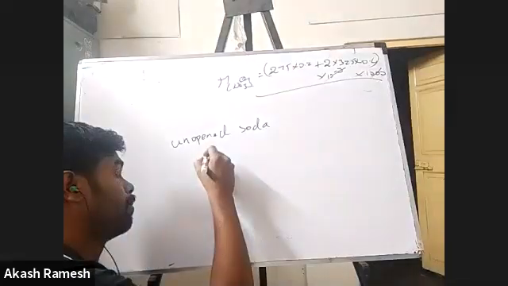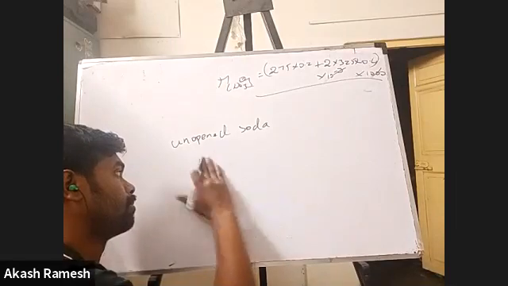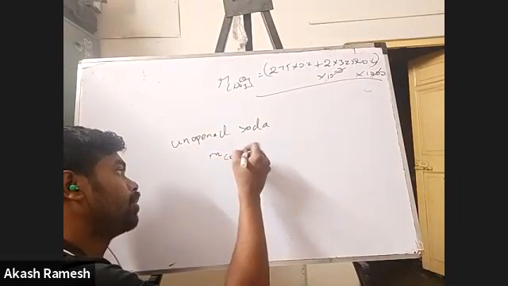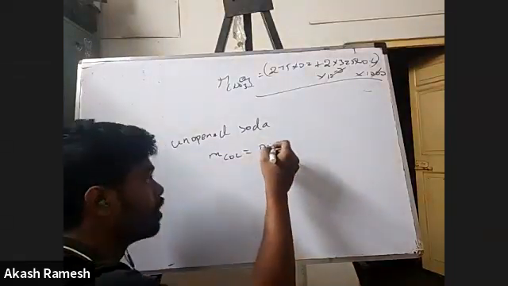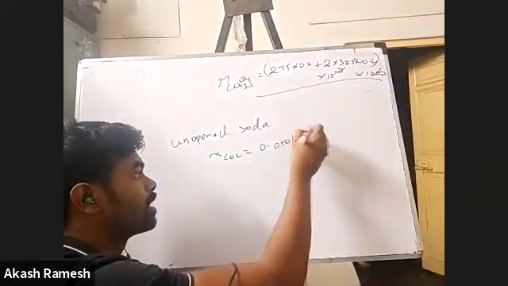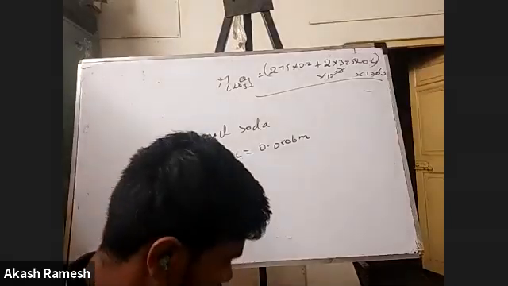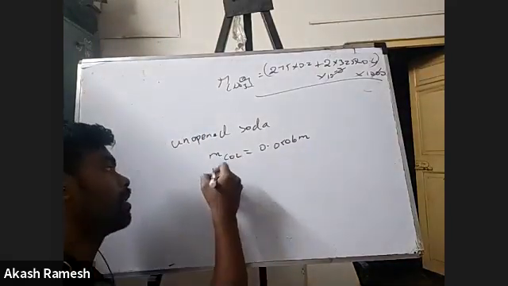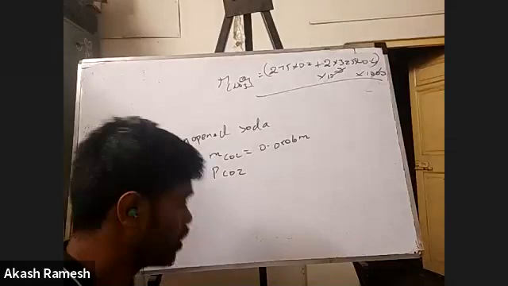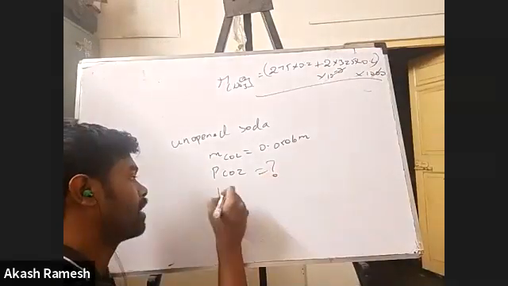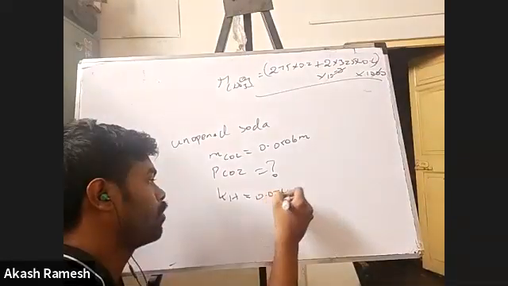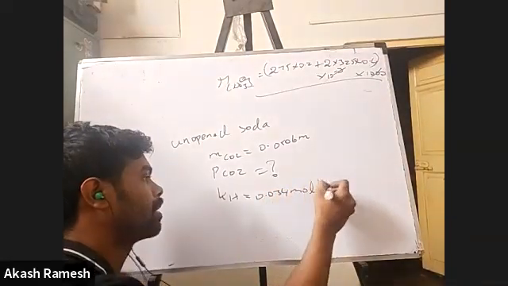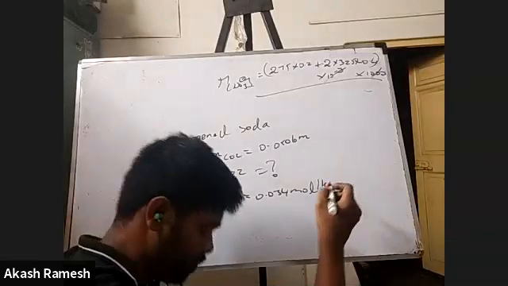The molality of CO2 is 0.0506 m. Now they're asking what is the pressure of CO2 inside this, given that the KH is 0.034 mole per kg per bar.